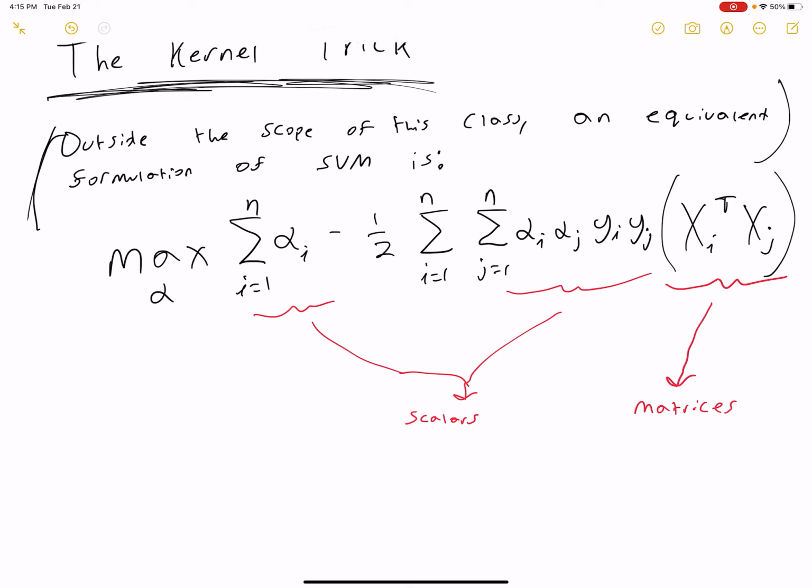So as we scale up in dimensions, we're taking these really big dot products, which is X transpose X of two different data points in the high dimensional space. And what the kernel trick allows us to do, and we'll see this next time, is know the answer to the dot product in high dimensional space without taking the data to the high dimensional space.